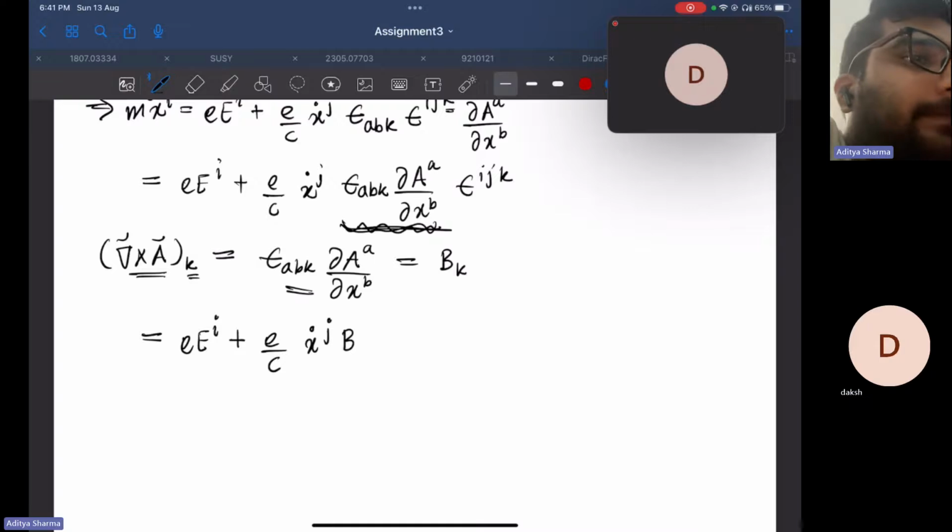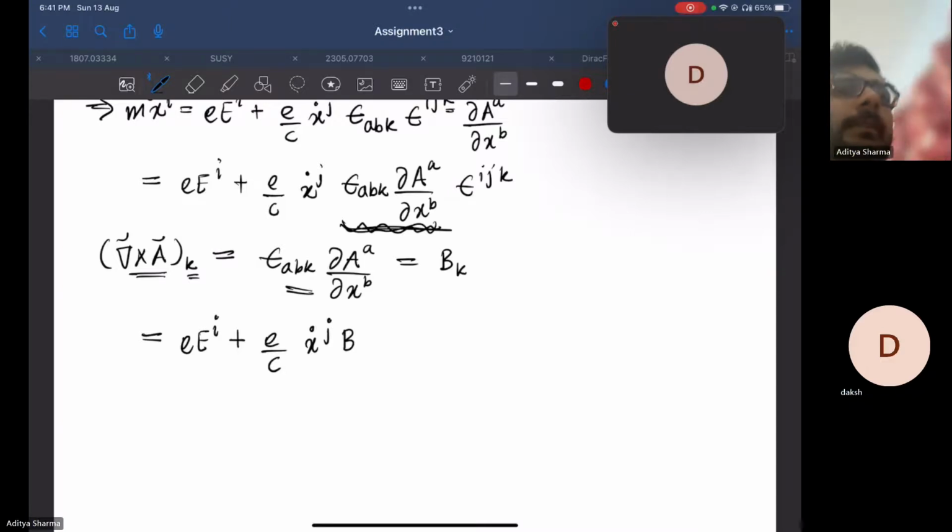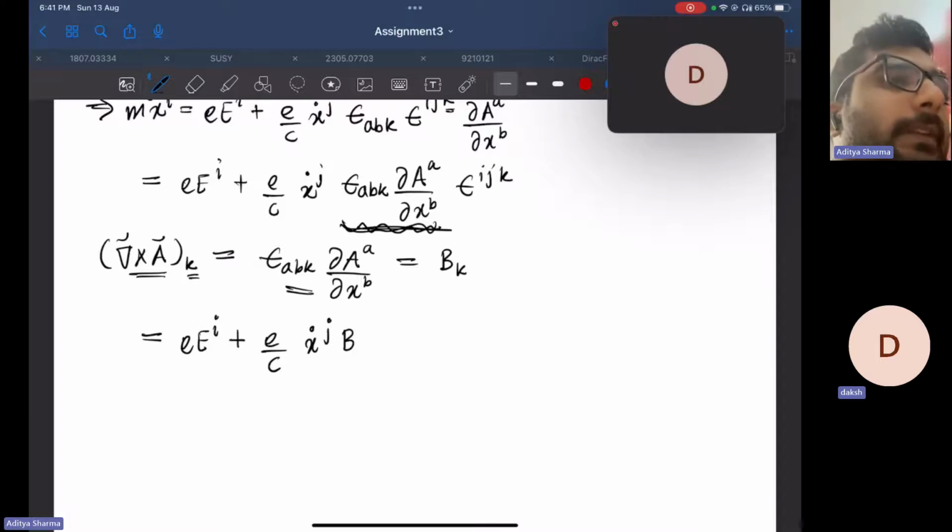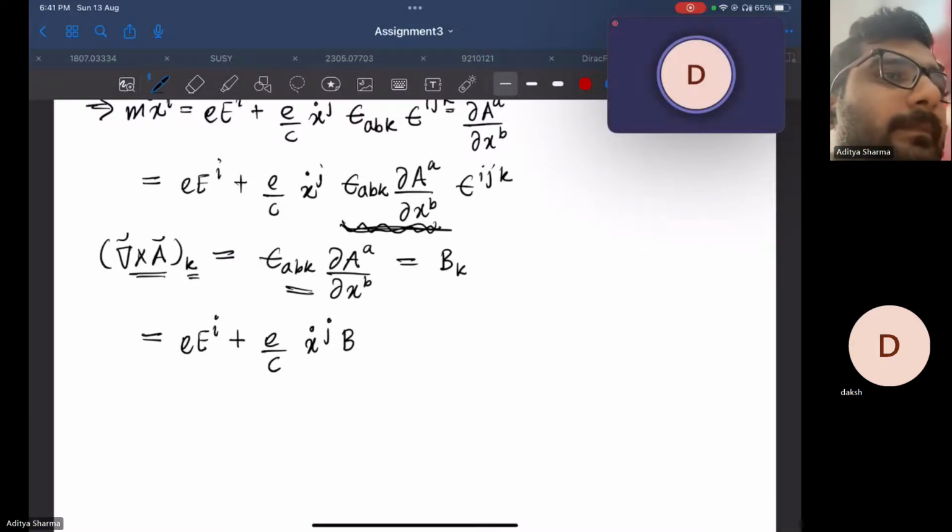Fine with this? So curl of A is B, right? Curl of A is B.